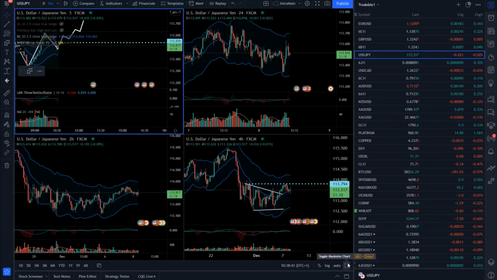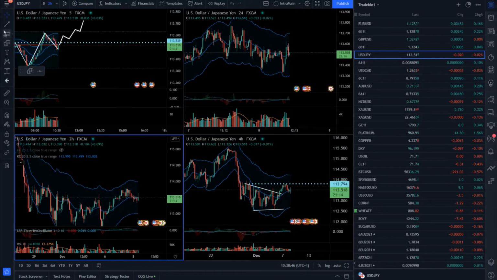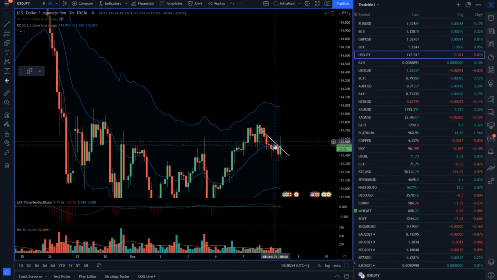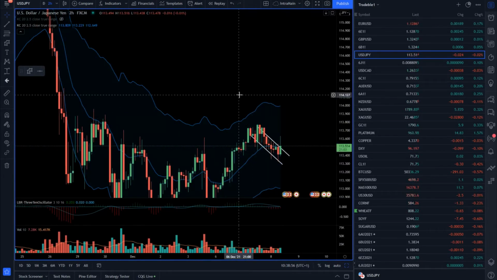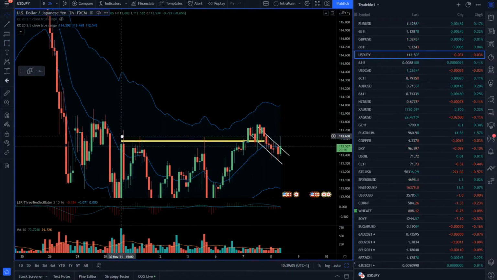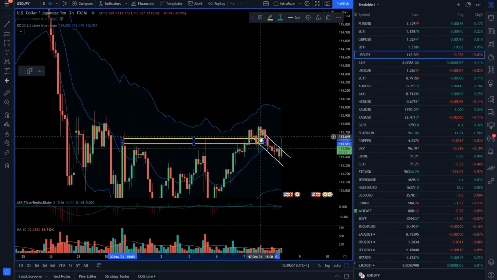But if you check higher frames, for example, we can see that we're building and breaking this. So we broke aggressively this. Let me show you here on the 2-hour time frame. This area here, which is more like a flag, and we also broke some previous swing highs yesterday.